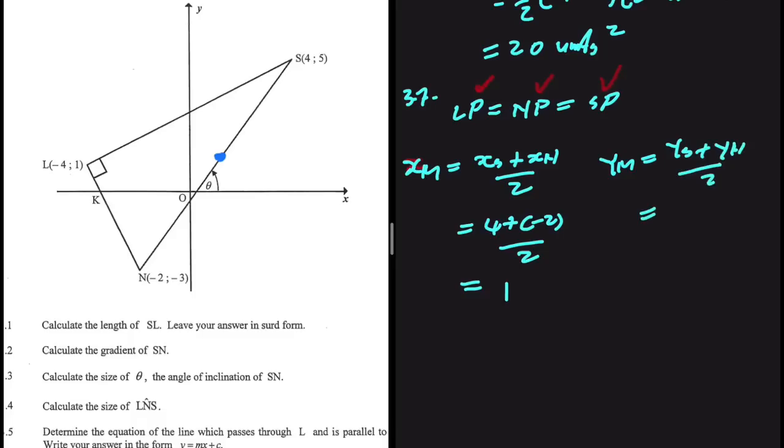We have 5 minus 3 divided by 2, which is 2 divided by 2, which is 1. So the coordinates of P that will make LP equal to NP equal to SP is 1 and 1. If you go ahead and calculate LP, NP, and SP, you will indeed find that they're equal when P has coordinates 1 and 1.